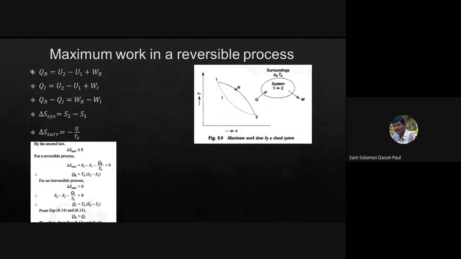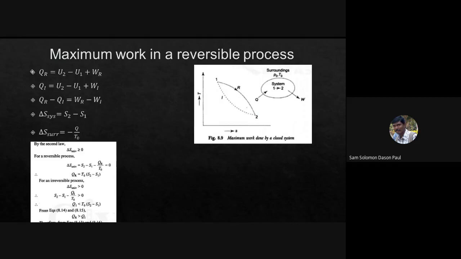There is maximum work in a reversible process. If you look at the slide, I have one process, 1-2, which is reversible, and another 1-2 which takes an irreversible path.